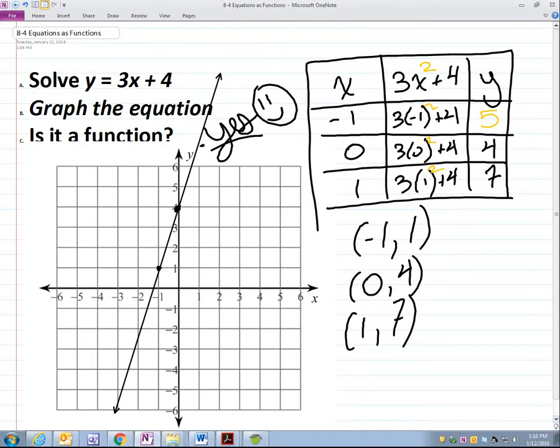So we have 1, 7 still, 0, 4 still, but then here, we'll do this, it's going to be more obvious that way. This one's just going to be 3. This one's just going to be 0. This one's just going to be 3.